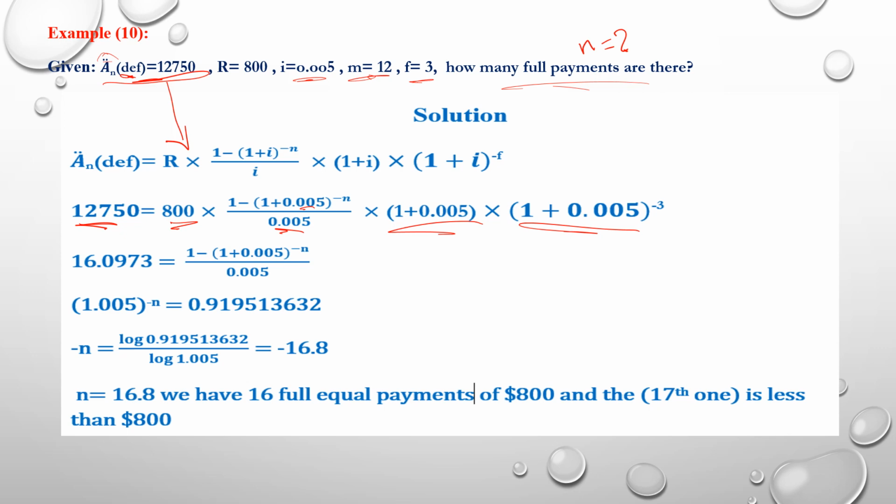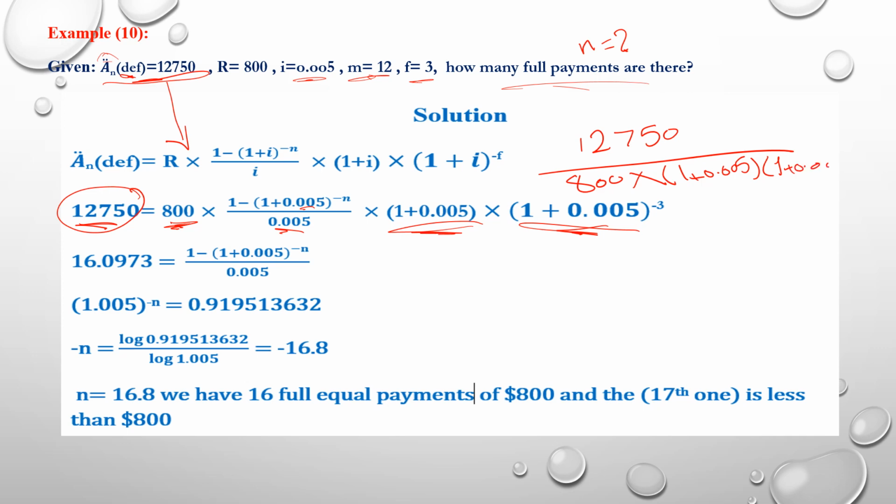So you can multiply 800 times this quantity and this quantity, and then divide this side over the amount you get, so 12,750 over 800 times (1 plus 0.005) to the power of minus 3. So this equals this amount, and the rest equals 1 minus (1.005) to the power of minus n over i.